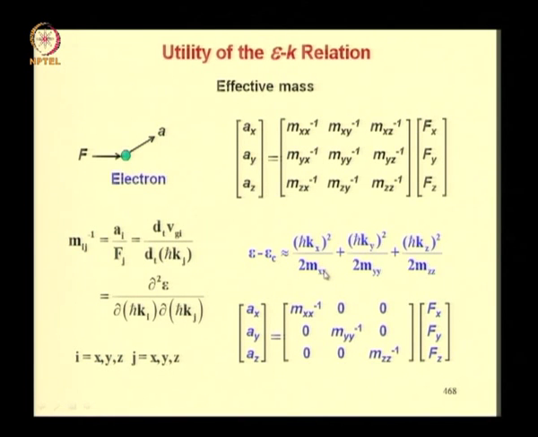It is parabolic in 1 dimension, and in such a case you have only the diagonal terms of the effective mass matrix, mxx, myy and mzz. Other terms become 0. This can be easily seen by applying this formula for this kind of a situation. So apply this formula for this parabolic relation and you will end up getting this fact.